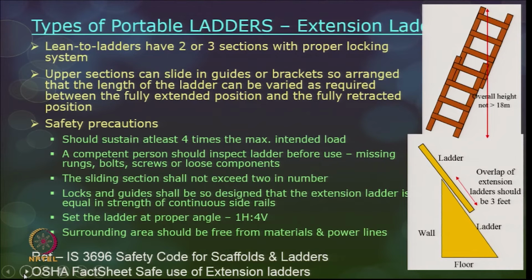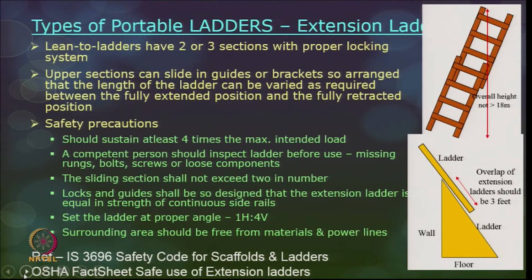That should be kept in mind, and these ladders should be able to sustain at least 4 times the maximum intended load. A competent person should inspect the ladder before use for any missing rungs, missing bolts or screws, or loose components.